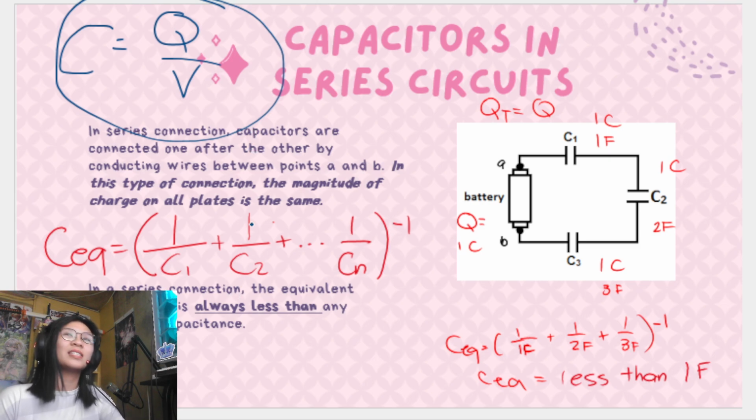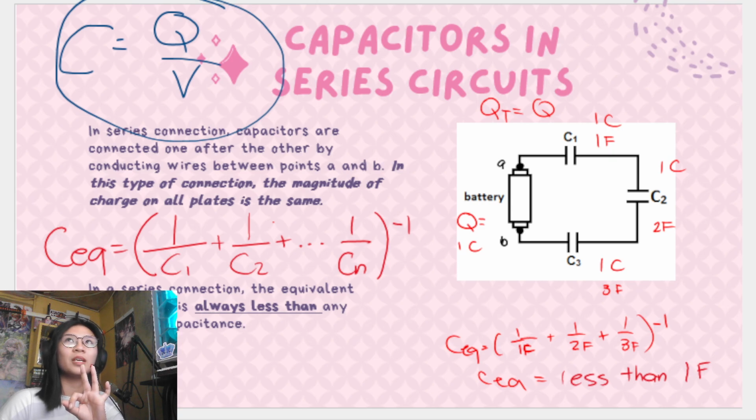First, in this type of connection, the charge is the same all throughout. So, if you have three capacitors, C1, C2, and C3, all of their charges are the same. That is in series. Okay?